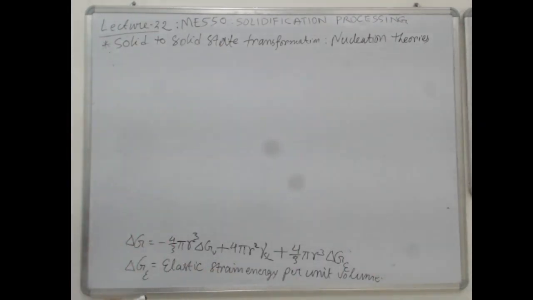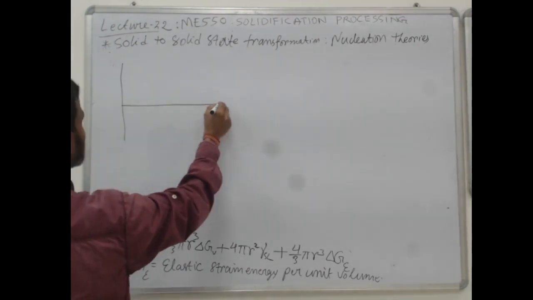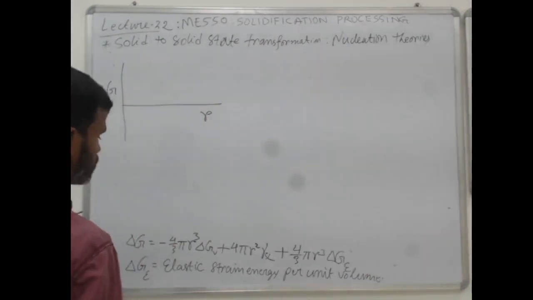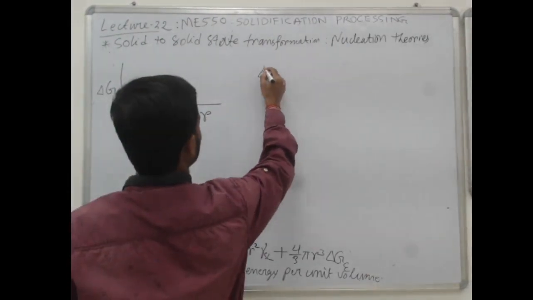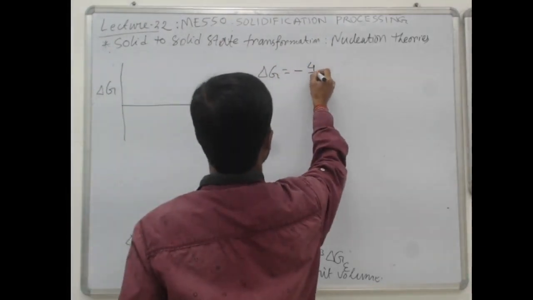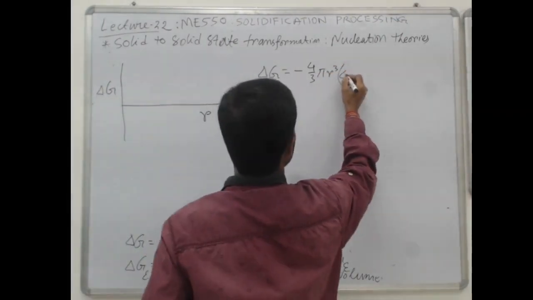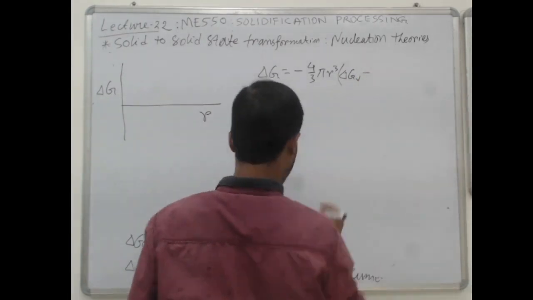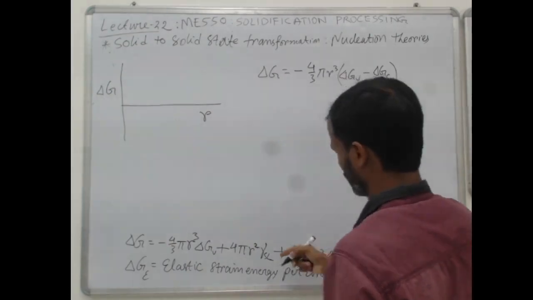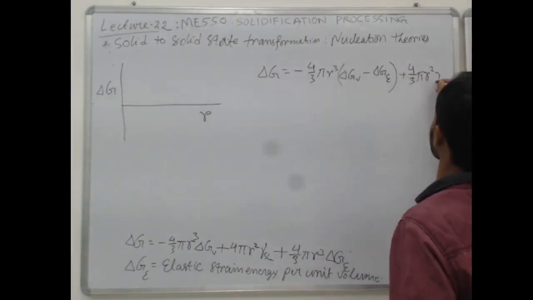Now, if you plot this free energy delta G versus r diagram, before plotting, let us write this delta G as minus 4 by 3 pi r cube (delta G V minus delta G E) plus 4 pi r square gamma.